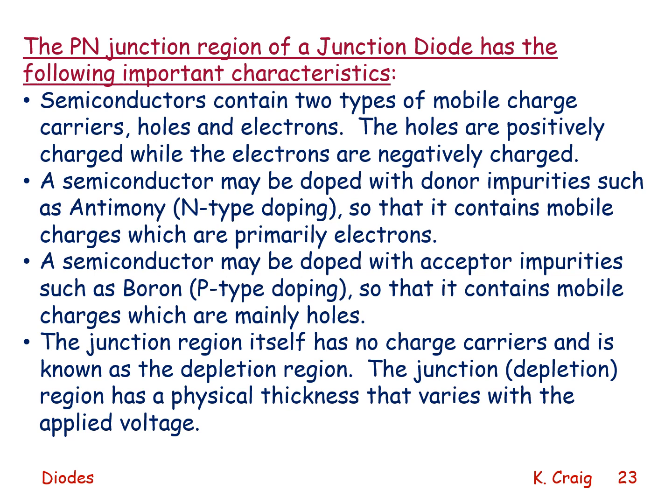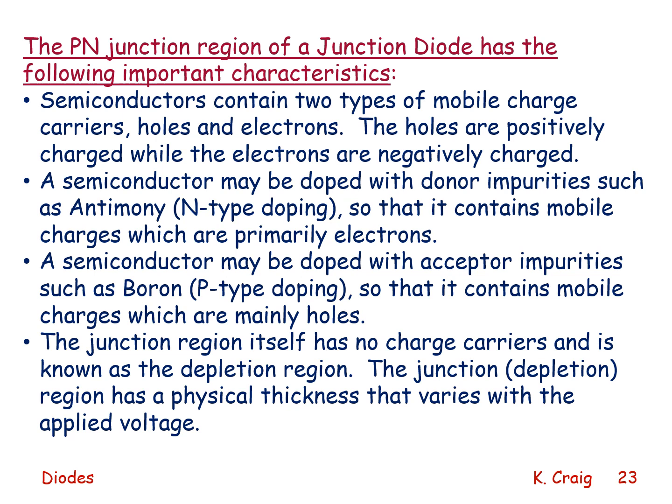A semiconductor may be doped with donor impurities such as antimony, which is N-type doping, so that it contains mobile charges, which are primarily electrons. A semiconductor may be doped with acceptor impurities such as boron, or P-type doping, so that it contains mobile charges, which are mainly holes. The junction region itself has no charge carriers and is known as the depletion region.